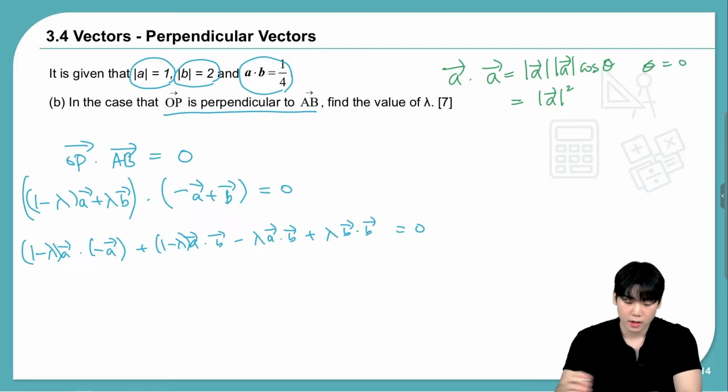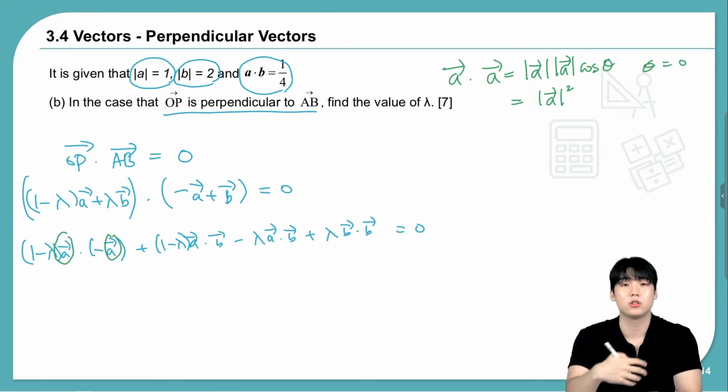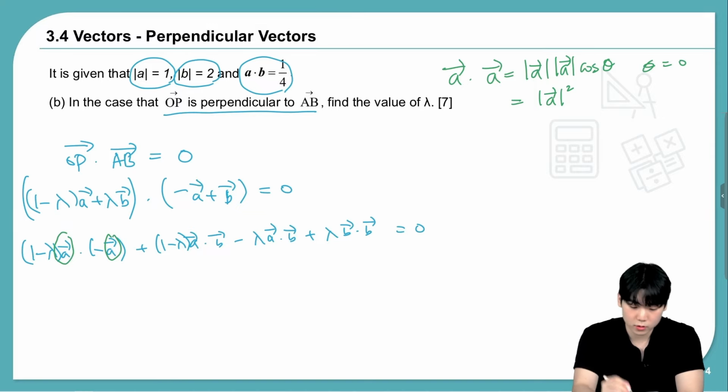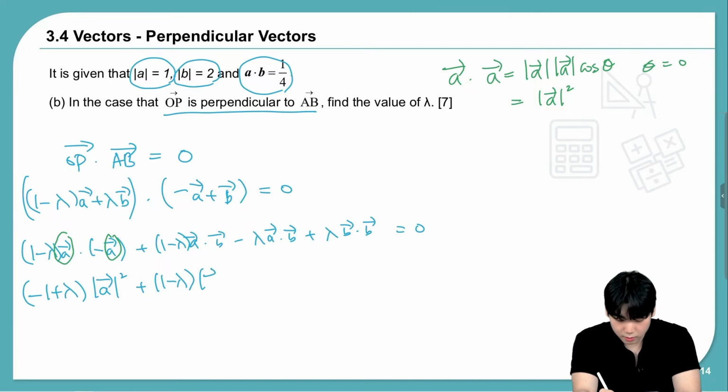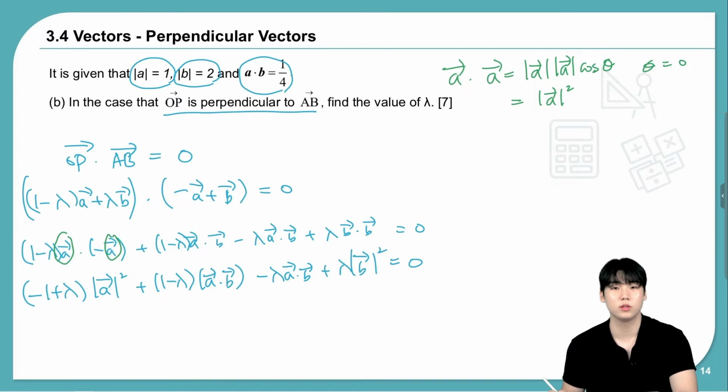They're identical. So here I have vector A dot with vector A, that means it's just a modulus, okay? Modulus square. So I can rewrite this whole thing as minus 1 plus lambda and modulus A square, okay? And then plus 1 minus lambda. We are given, I'm just going to rewrite this, vector A dot B minus lambda A dot B and plus lambda, similar to the previous A dots, that is equal to 0.